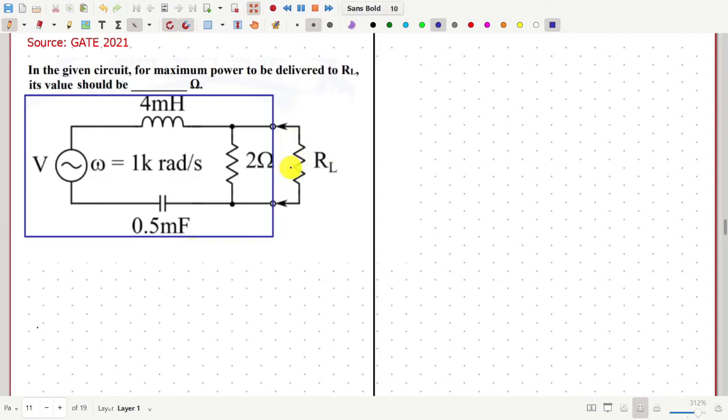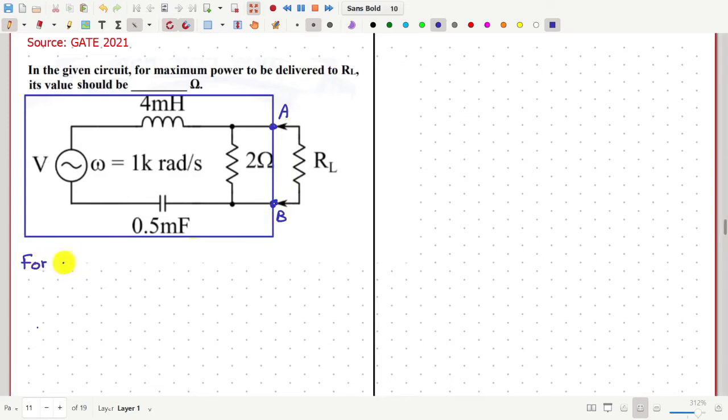Therefore, according to the maximum power transfer theorem, the value of RL, which will consume the maximum amount of power, should be equal to the magnitude of the impedance of this circuit between these two terminals. Call them A and B.